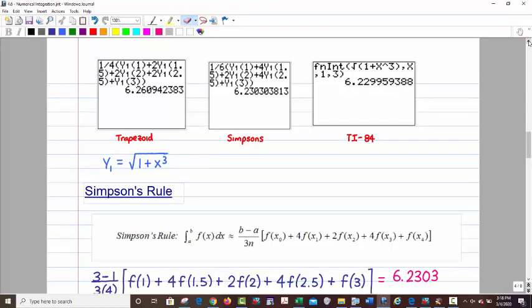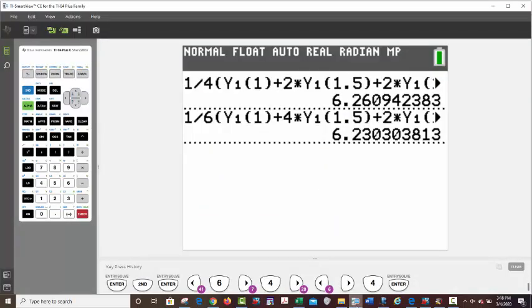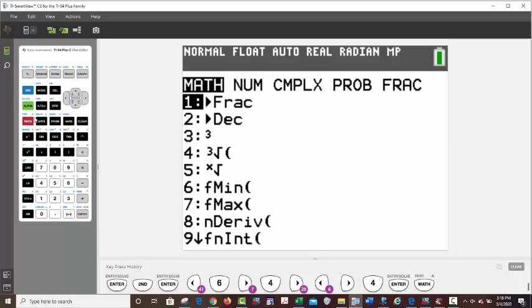So now, of course, this is an older version of the fnInt. The newer software shows the actual integral, the upper and lower limits of integration. So I'll put that in there real quick just to show you. Then I have something important to say about that.